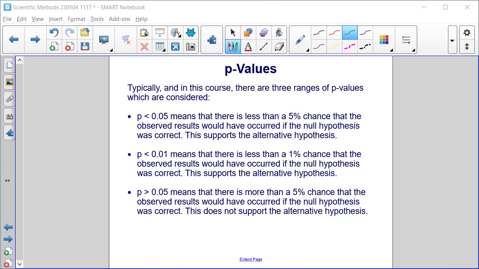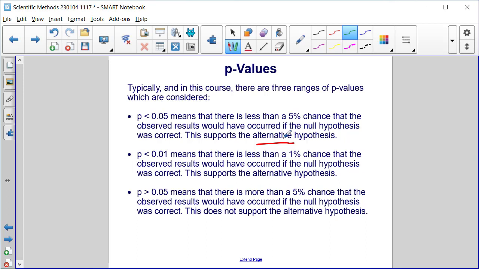For a p-value less than 0.05, it means that there is less than a 5% chance that the observed results would have occurred if the null hypothesis was correct. This supports the alternative hypothesis. P less than 0.01 means that there is less than a 1% chance that the observed results would have occurred if the null hypothesis was correct.